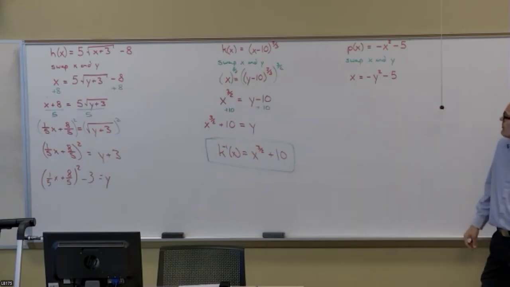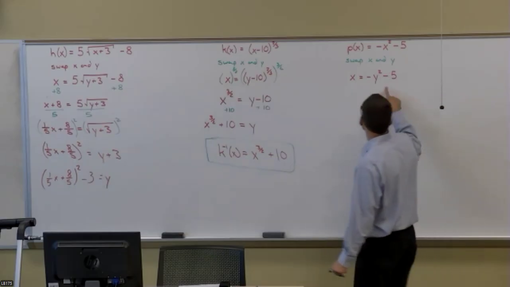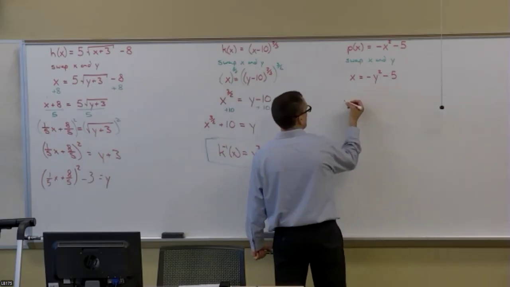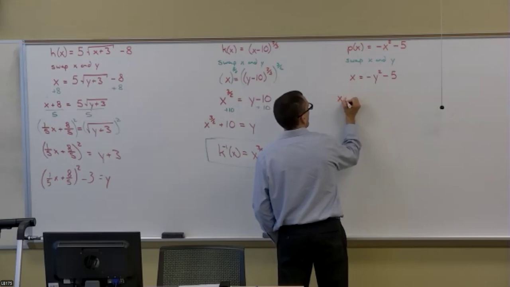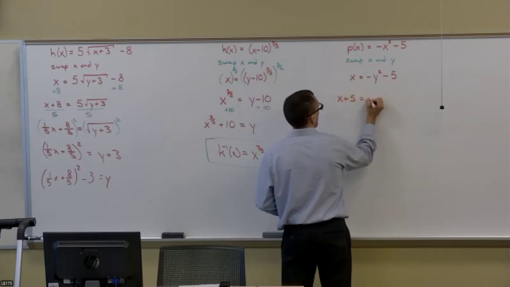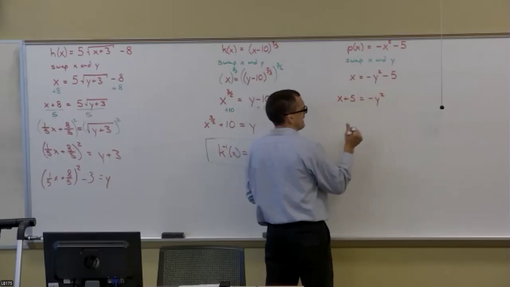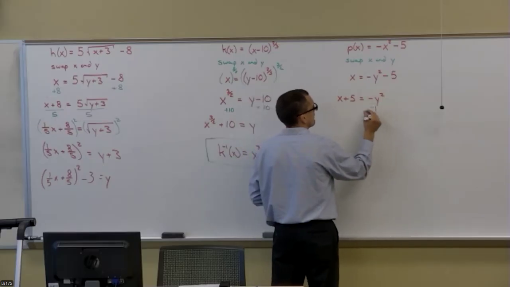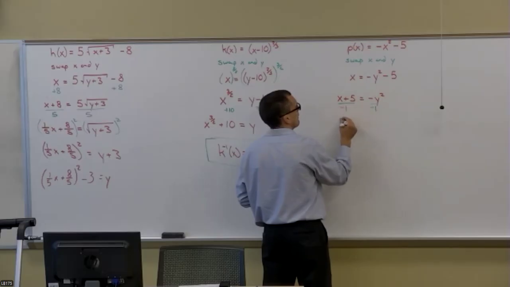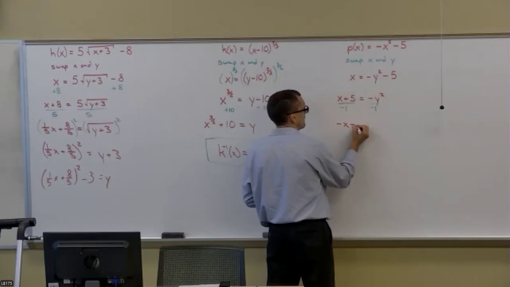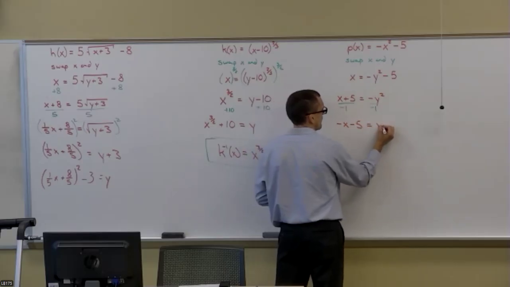Similarly, on the second one, P of x, I would add 5 to both sides. Then divide everything by -1. That would give me -x minus 5 is equal to y squared.